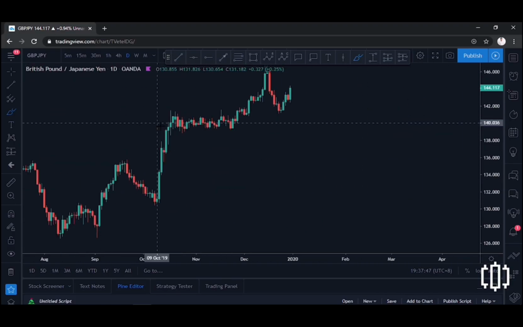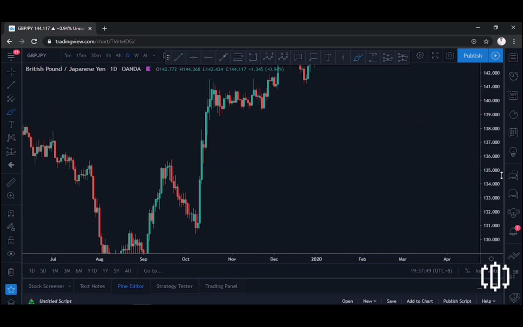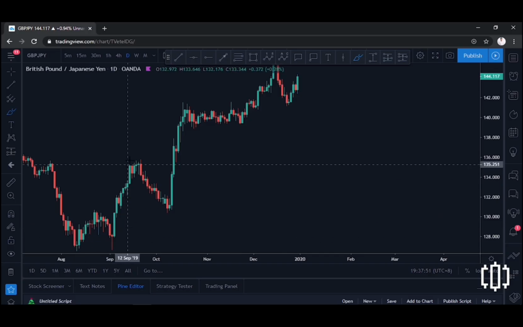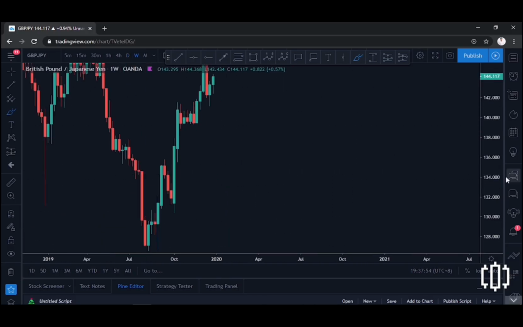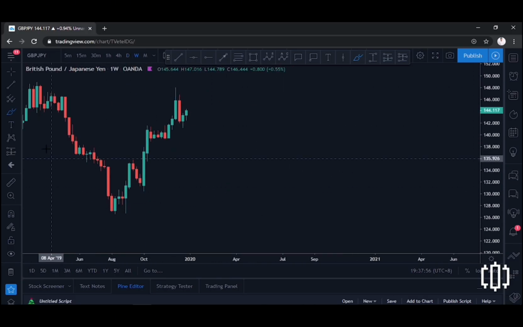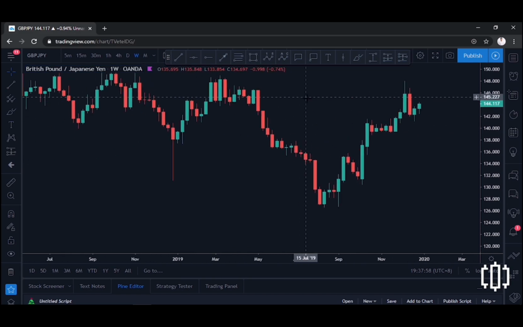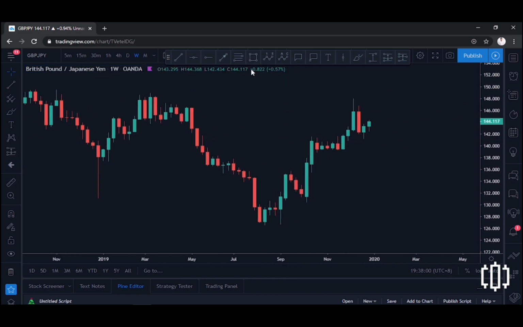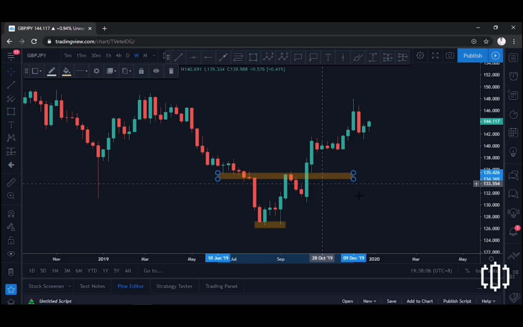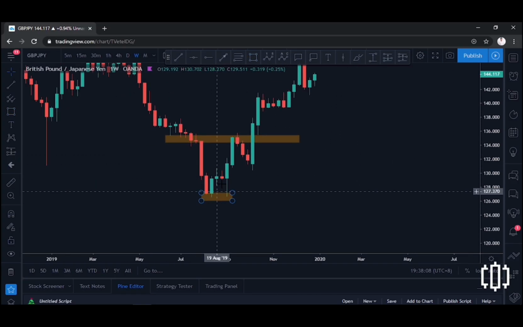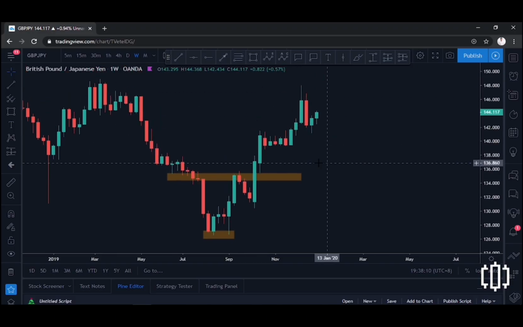So, ngayon, if ever, susundan natin yung daily or kahit weekly, okay, makikita mo na mas malinaw. Sige, let's plot it on the weekly. So, this is your support, right? And this is your resistance. Okay? So, this is the push, this is the pullback, this is the push.